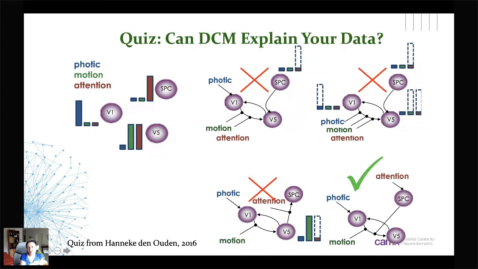So actually the right network is the lower right.